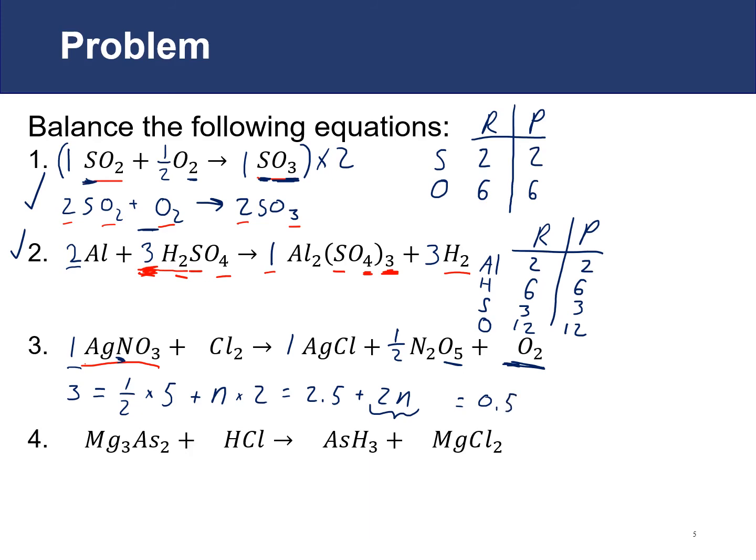In order to make the two sides equal, I need to add 0.5 onto the 2.5. So 2 times the n value has to equal 0.5. And so n would be equal to 1/4, which is 0.25. So the number that will go in front of my oxygen here would be 1/4.